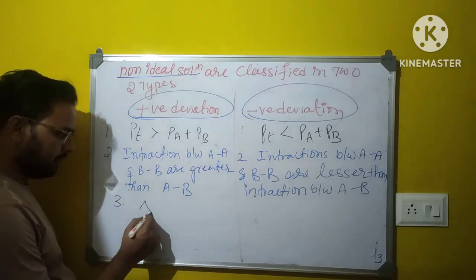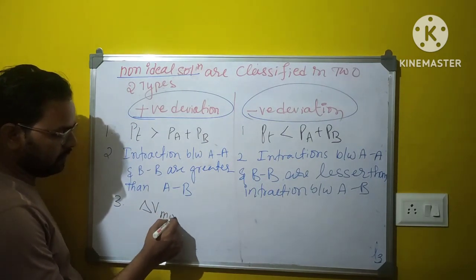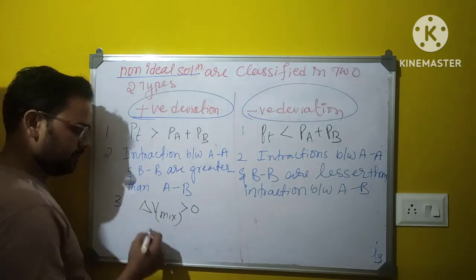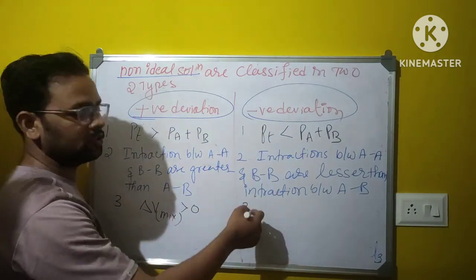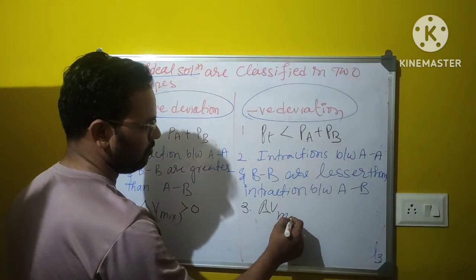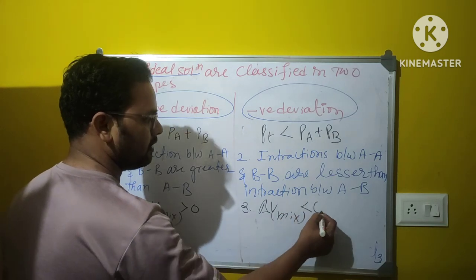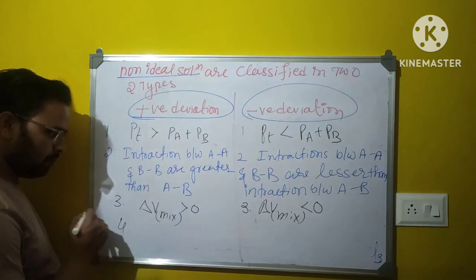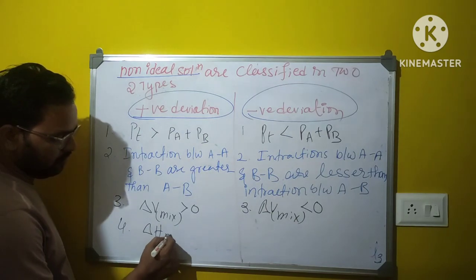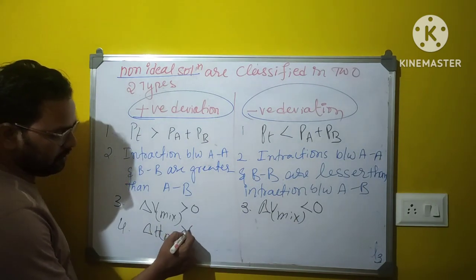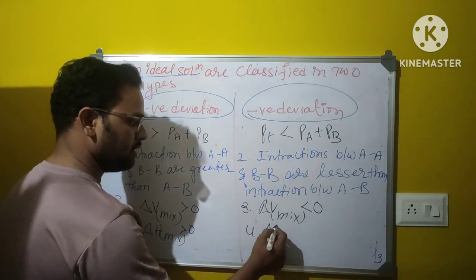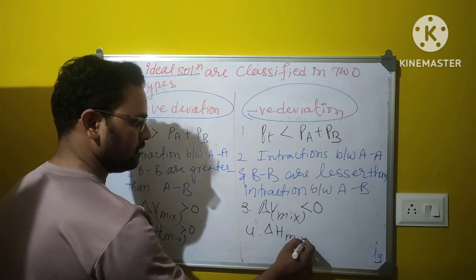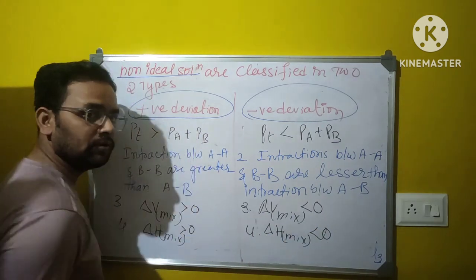Third point, change in volume on mixing is greater than 0. Here under negative deviation, change in volume on mixing is lesser than 0. Fourth point, change in enthalpy on mixing is greater than 0. Change in enthalpy on mixing is lesser than 0.